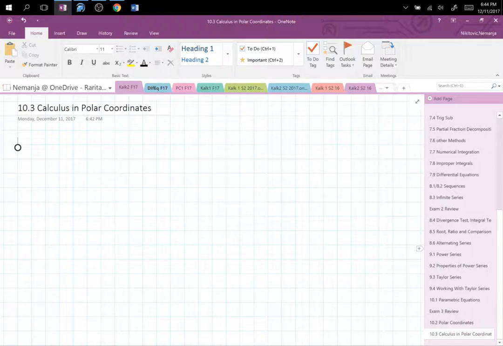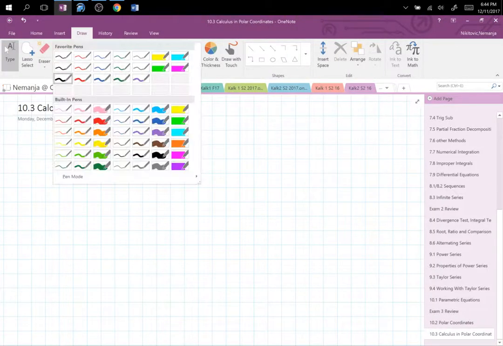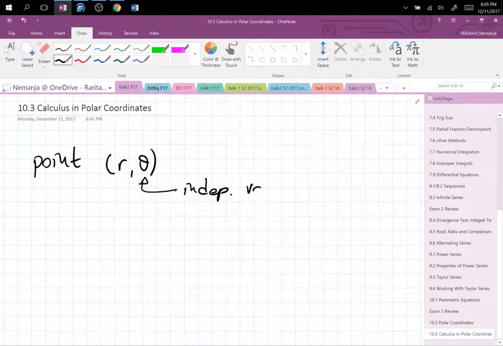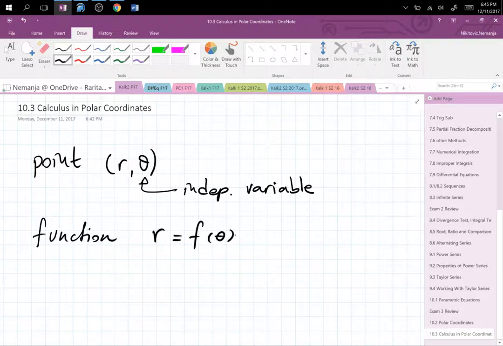We start with the notion that a point in polar coordinates is written as (r, theta), where theta is the independent variable. We also have the function r equals f of theta, and here is that independent variable again.